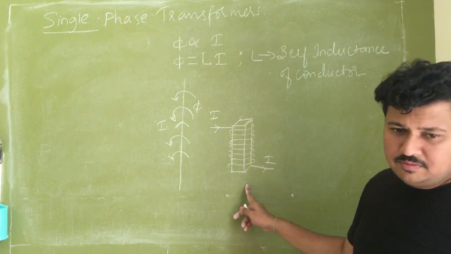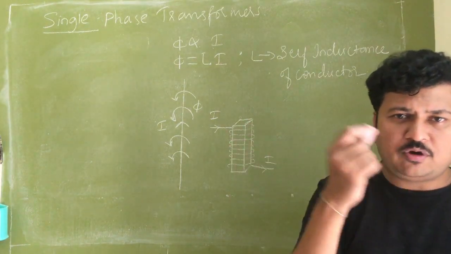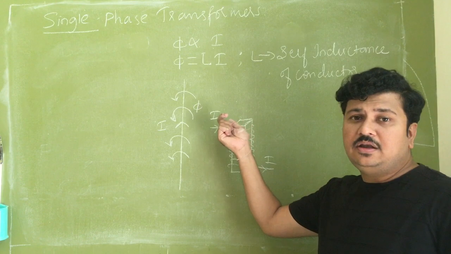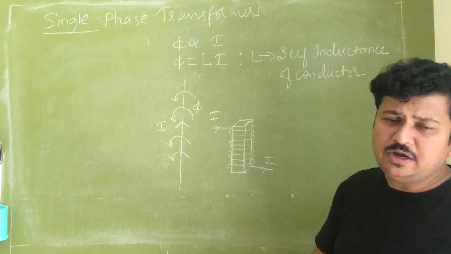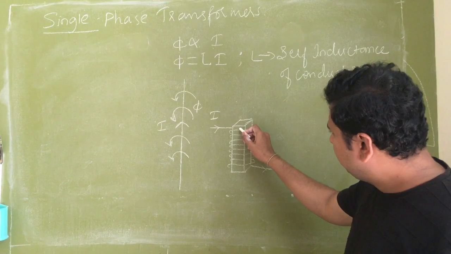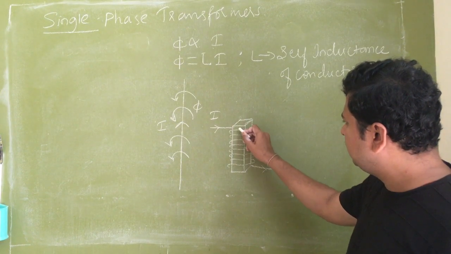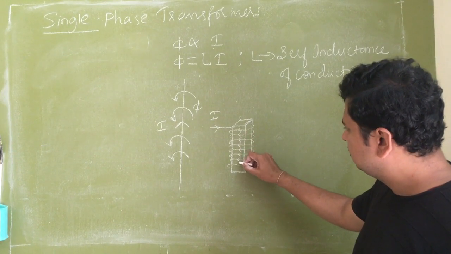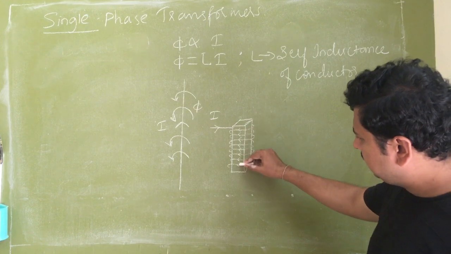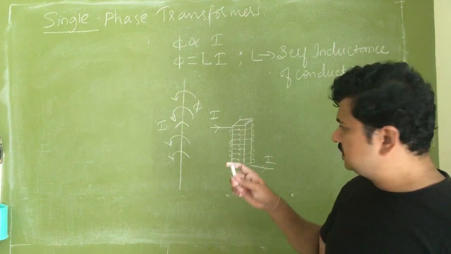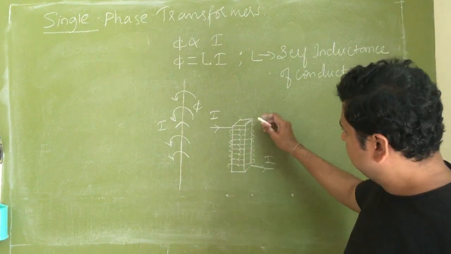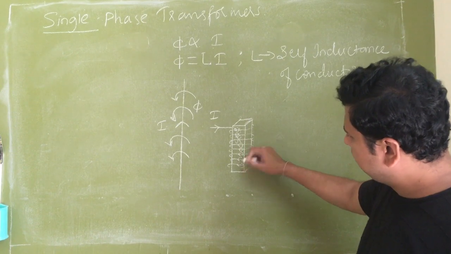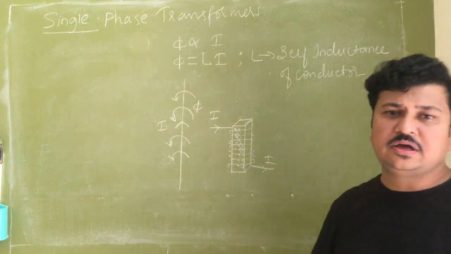Now why do I use a coil? Because when I keep the conductor in the form of a coil wound on something magnetic in nature, the magnetic flux produced is much larger. Why is it larger? See, this forms one conductor, and it carries current. Each turn carries current, and there is a flux produced surrounding each turn. One wind is called one turn.